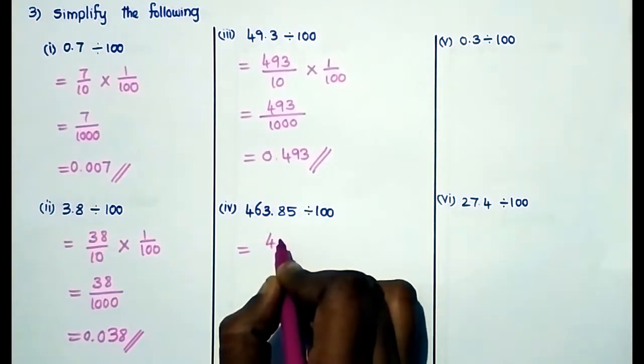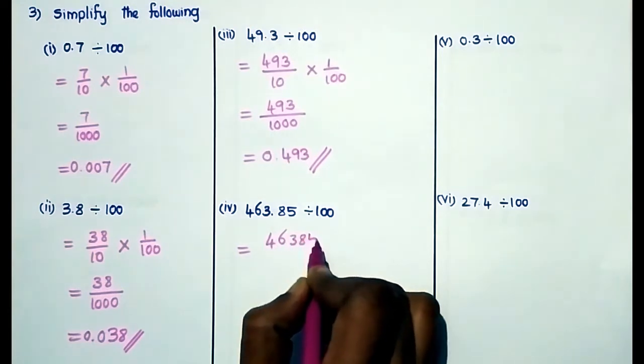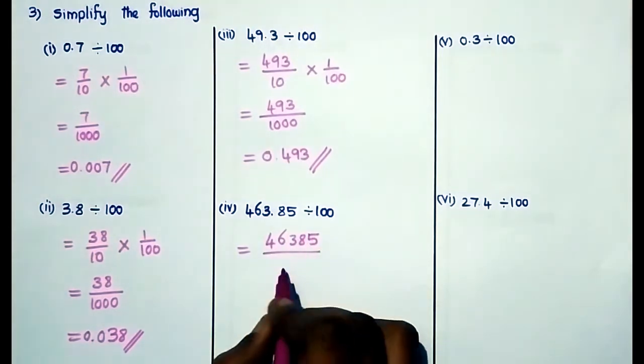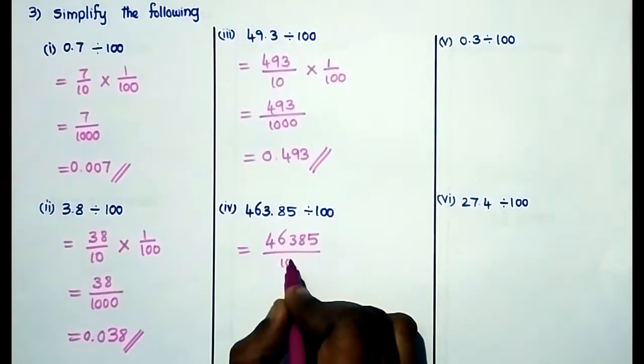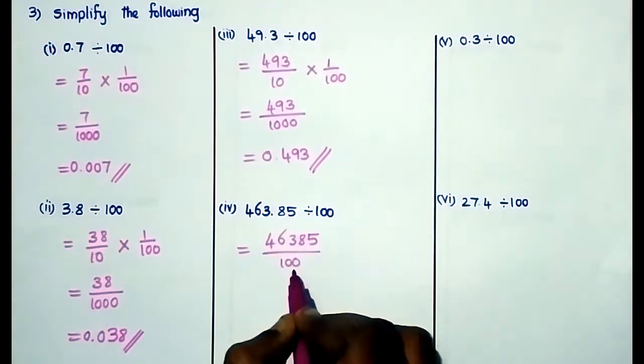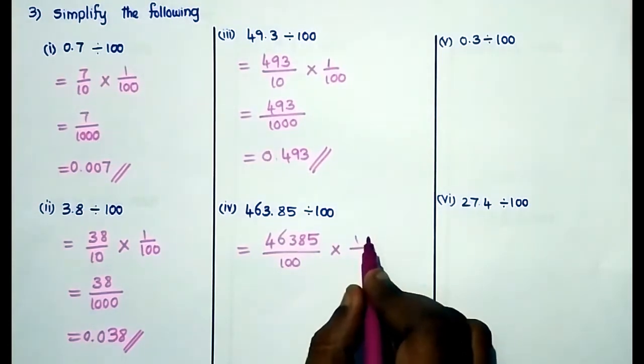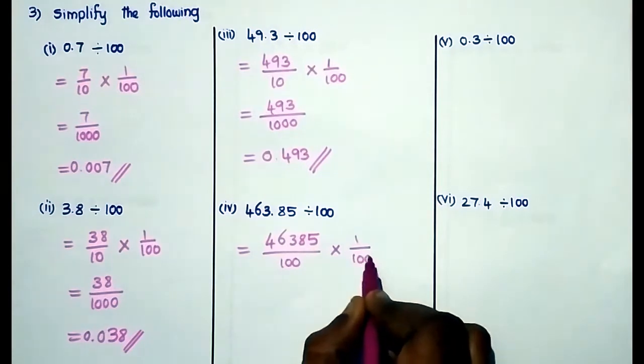Next one, 463.85. So 46,385 and 2 digits are there. So put 100 and then multiplication, take the reciprocal for that.